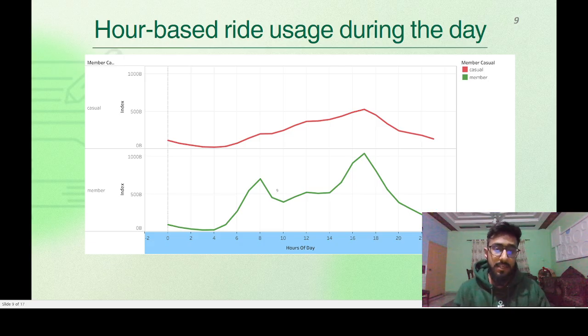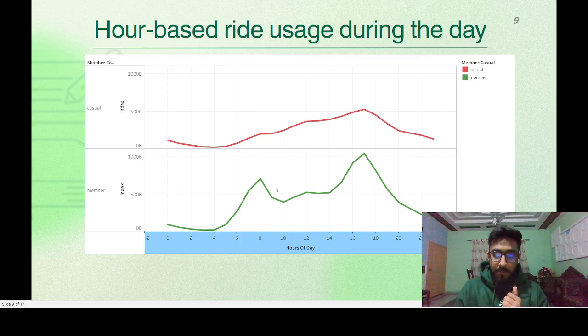First of all, for the membership riders, we can see a spike around 8 a.m. and 5 p.m. So what does that, logically, tell us? People are commuting to work, 9 to 5, the work hours. The membership users are using the bikes to commute to work.